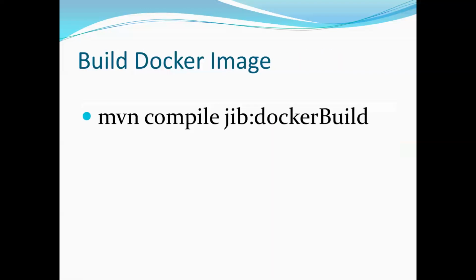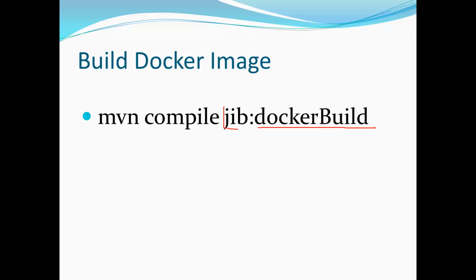Now the second step is to build a Docker image. Normally, how do you build? You run mvn clean install, or if you want to generate a Docker image, the docker build command. But here, we are using the Jib library. So in the official website they have already given it: if you want to do the build as well as Docker image creation, here mvn compile jib:dockerBuild.